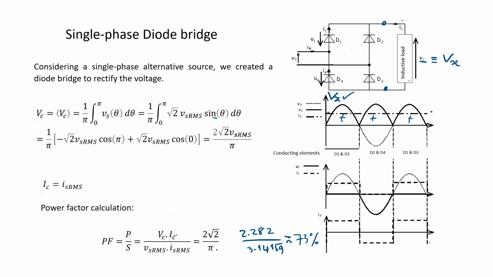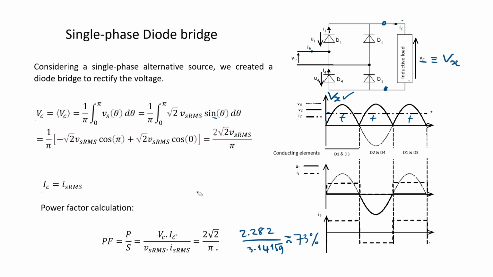Okay, so next we consider the power factor of a rectifier. So the formulation of power factor is the real power over apparent power. Once you know the waveform of current and voltage, you can calculate the root mean square value respectively.